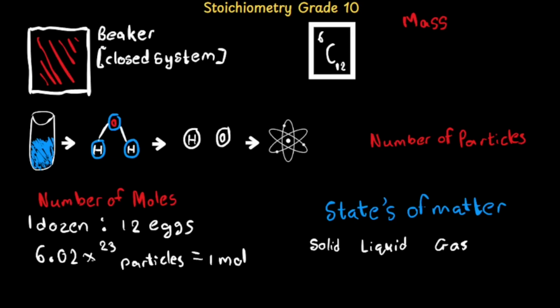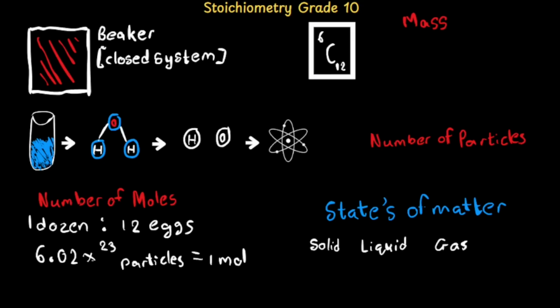But what we did not emphasize to you guys all these years is that that number, that 12, is actually the mass of 1 mole of carbon atoms. 1 mole of carbon atoms will have a mass of 12. That's very, very important, right?